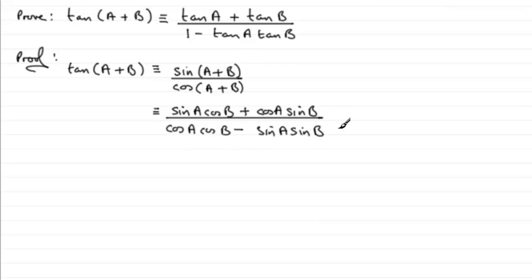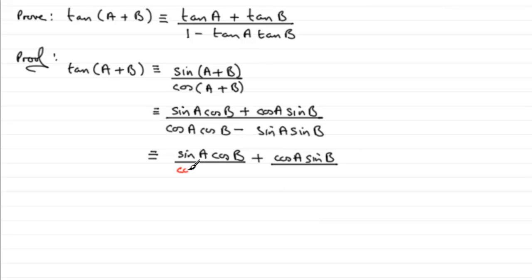Dividing each term top and bottom by the same value doesn't alter the value of your fraction, it will just change the appearance of it. So it's something that we can do. So I'm going to take each of the terms and divide them, okay, we'll just write each of these terms down, that's the top there. I'm going to divide them by cos a cos b.